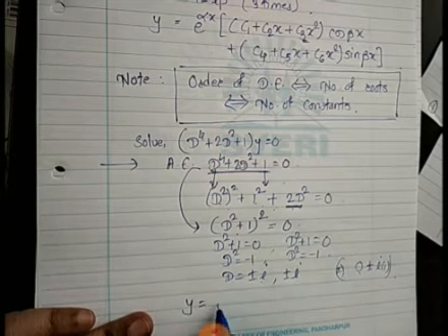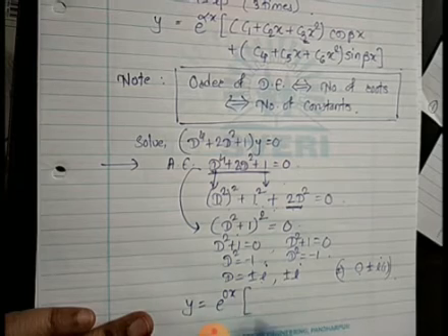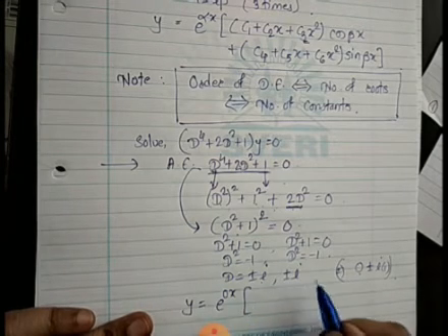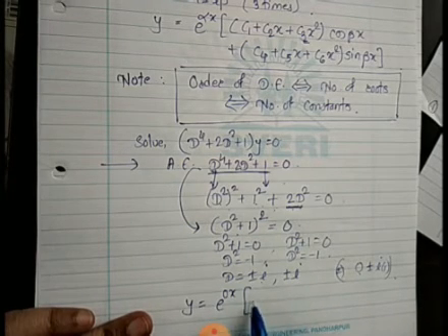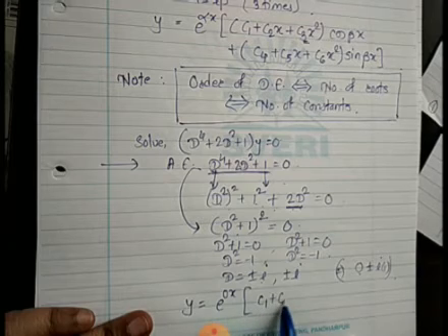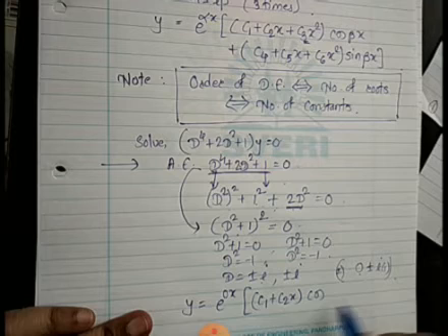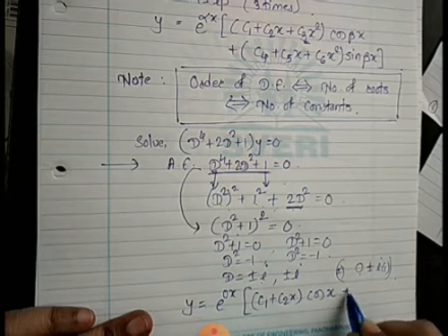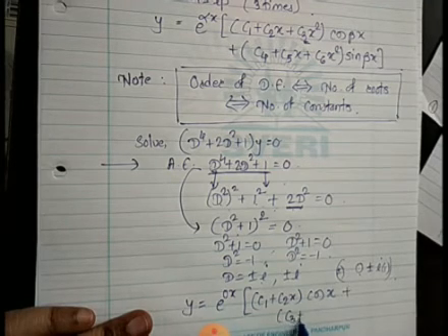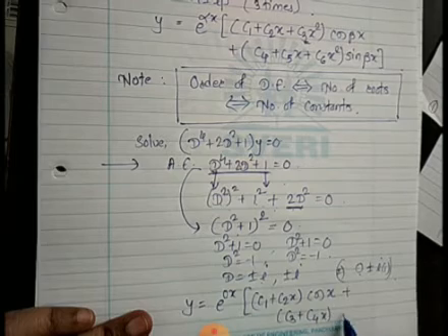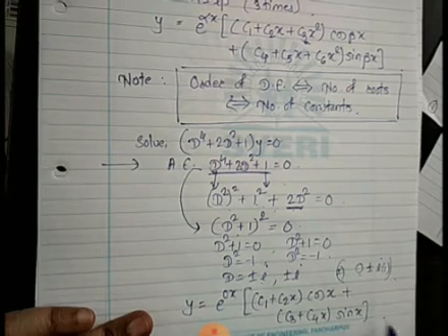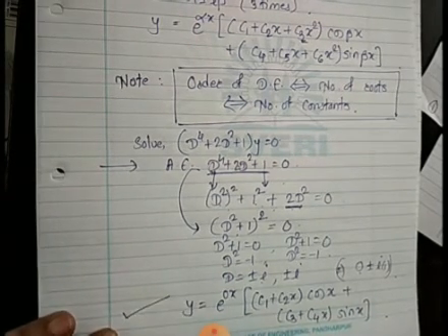So we can write e raised to 0x into, repeating twice, we have to collect C1 plus C2x into cos beta x, beta is 1, plus C3 plus C4x into sin beta x, sin x. So this is your answer.